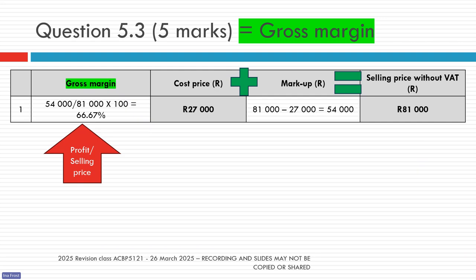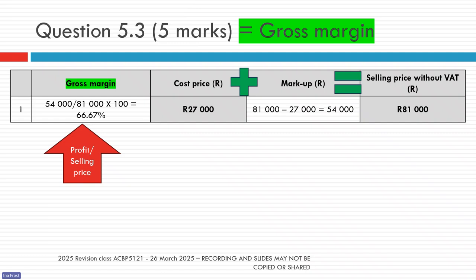It was a fairly easy calculation because we gave both the cost price and the selling price, so they just had to work out the difference between the two to get the profit. Once they had the profit of 54,000, they divided that by the selling price, 81,000. Of course, you multiply by 100% because we are looking for a percentage as your final answer. That gave you 66.67%.